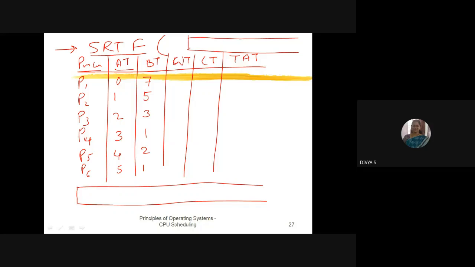Okay, no problem. Fine. Now here, as you look at the table, if you observe carefully, which process is available in the ready queue? Available in the sense ready for execution. P1. Why do you say confidently that only the P1 process? By looking at the arrival time.